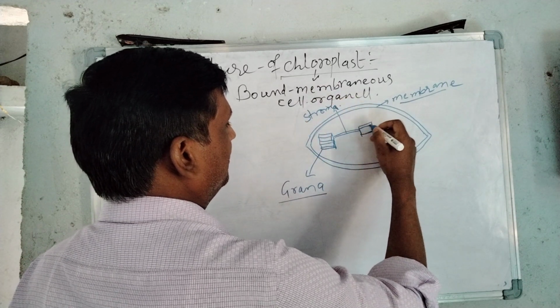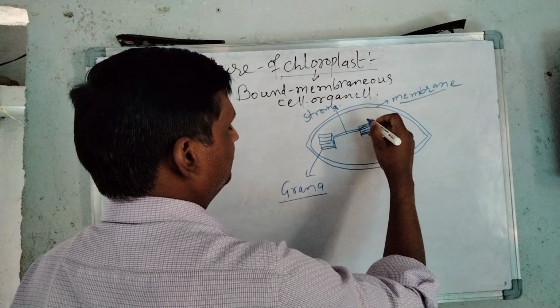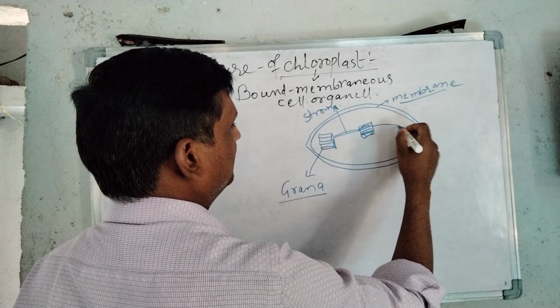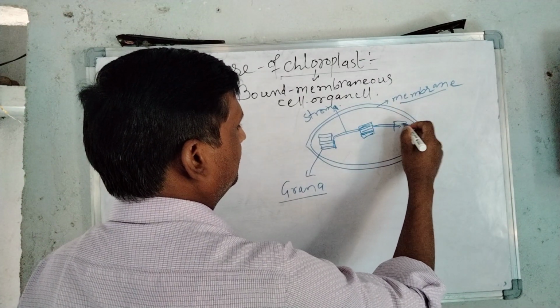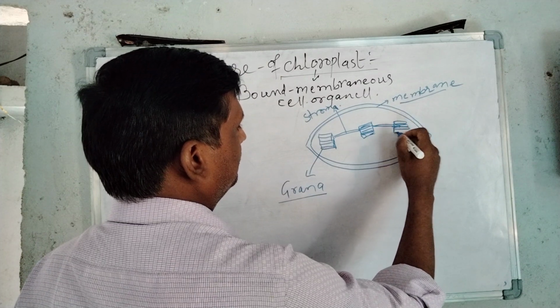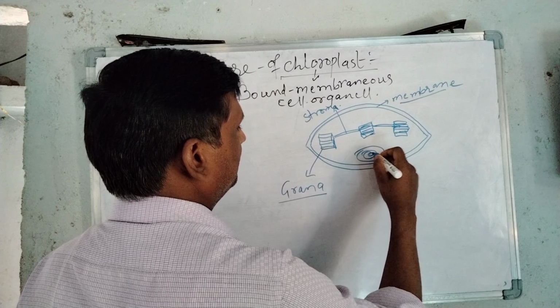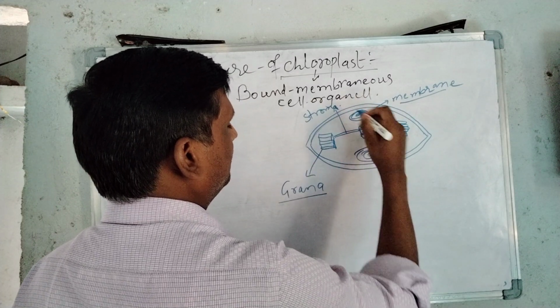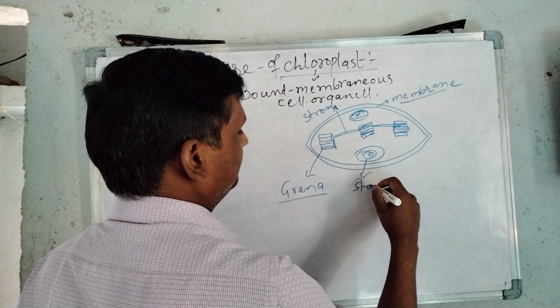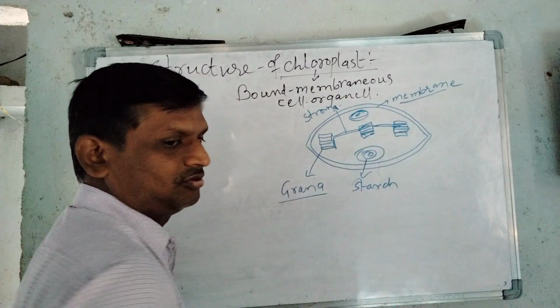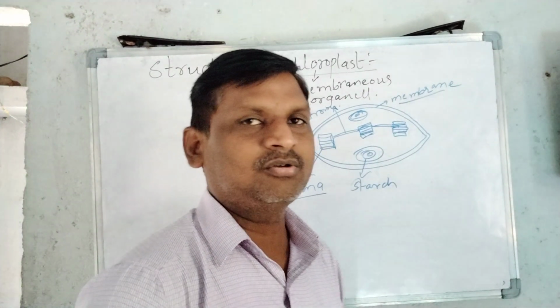Next, here also one more grana. Like this. Here this is starch. So this is the structure of the chloroplast.